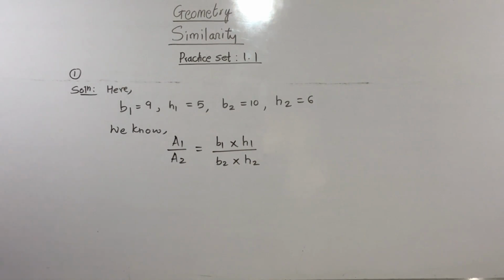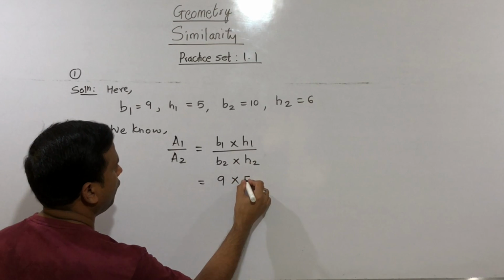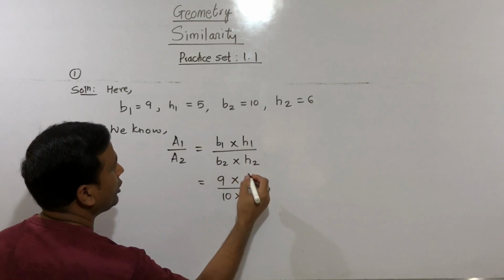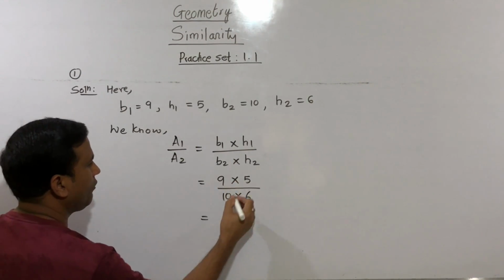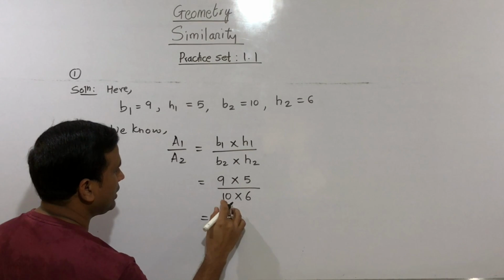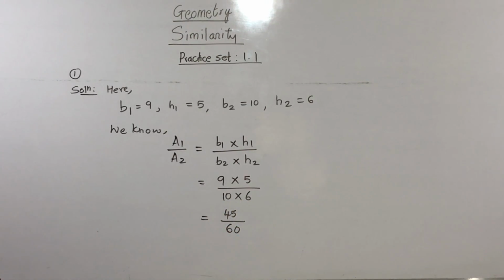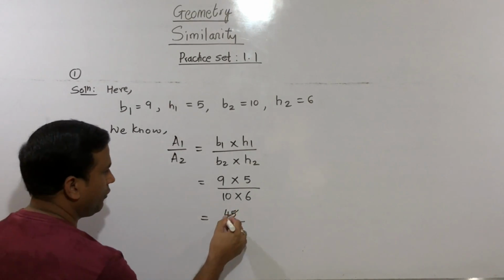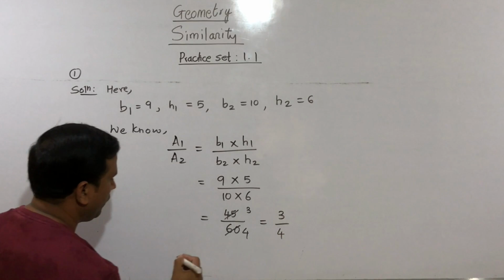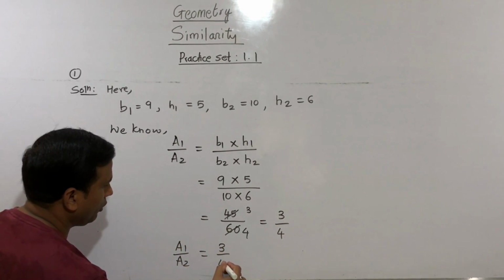Let us substitute the values: 9 into 5 upon 10 into 6. 9 fives are 45, 10 sixes are 60. Both are multiples of 15. 15 threes are 45, 15 fours are 60. So it is 3 upon 4. Therefore, the ratio of areas of the triangles is 3 upon 4.